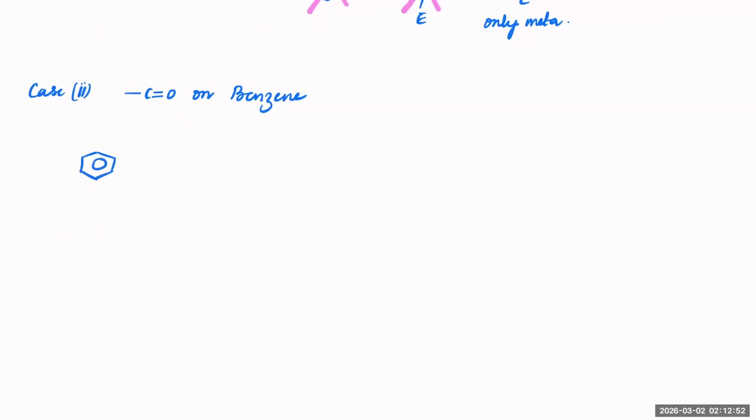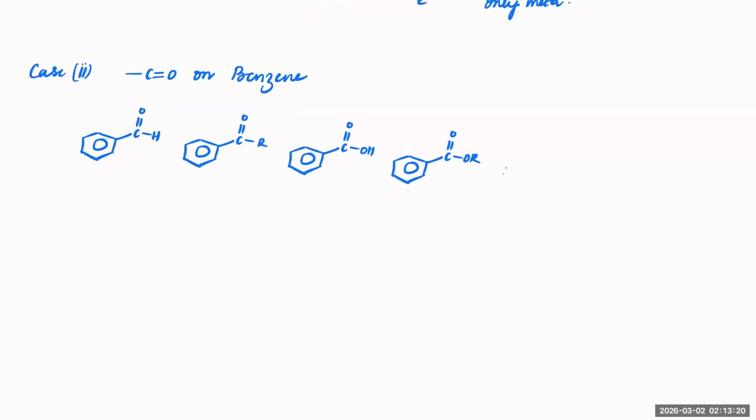That is, I can have C double bond O with H. Likewise, I can have C double bond O with some R group, or C double bond O with OH group, or C double bond O with OR group. So anything with C double bond O is always going to be electron withdrawing. All are electron withdrawing groups.